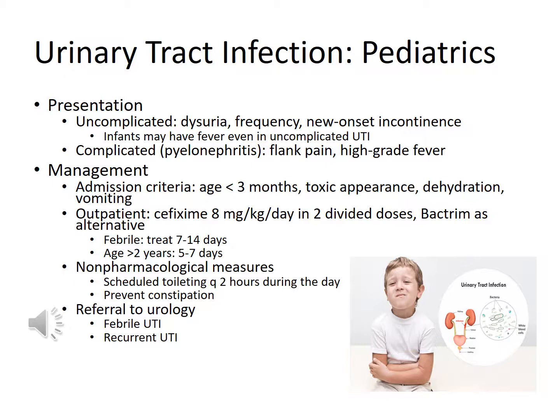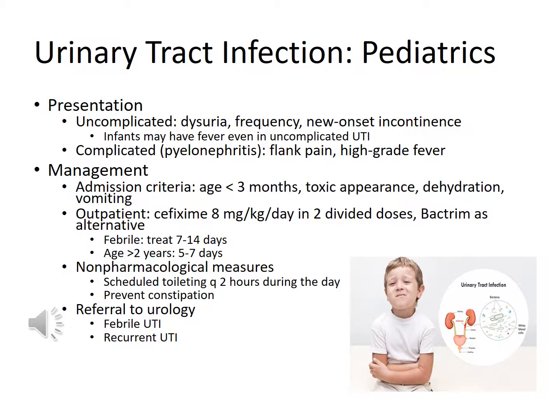Patients who have febrile urinary tract infections or have recurrent urinary tract infections should be referred to urology, and that is to make sure that a workup can be done to rule out any structural abnormalities such as vesicoureteral reflux, which we know is where the kidneys are not emptying the urine down the ureters effectively, so we get a backup of urine refluxing into the kidneys, and that's present in about 30 to 40% of children with febrile UTIs.